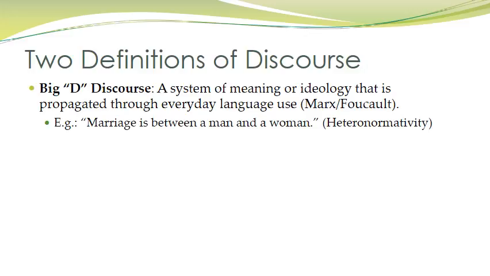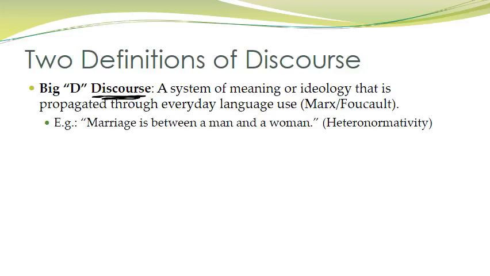An example would be: marriage is between a man and a woman. If you were interested in big D discourse, when you look at a sentence like this, you'd be looking for some kind of ideology or system of meaning that is making this idea of marriage intelligible, okay? One discourse embedded in this sentence is heteronormativity, right?